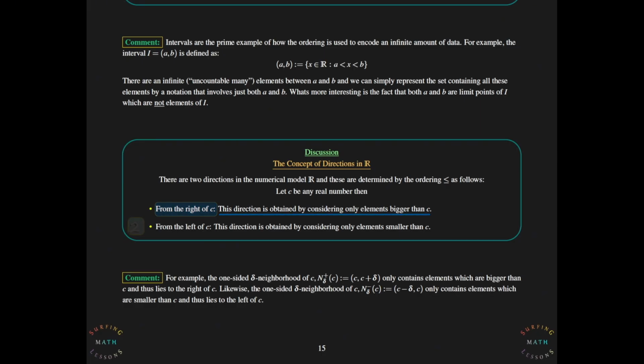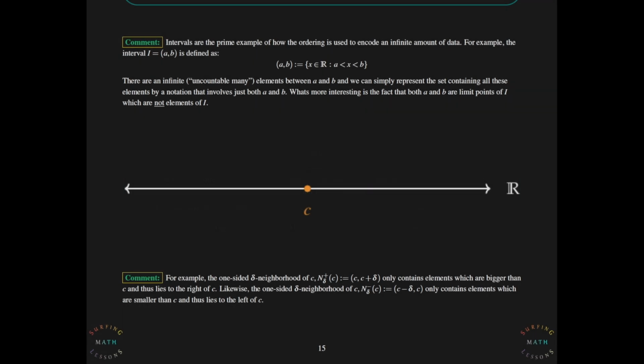The second direction is defined to be from the left of C, and this direction is obtained as the opposite of the first direction. That is, this direction is obtained by considering elements which are smaller than C in the ordering. To get a better perspective on this, let us use a visual aid.